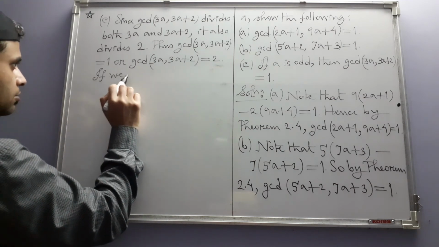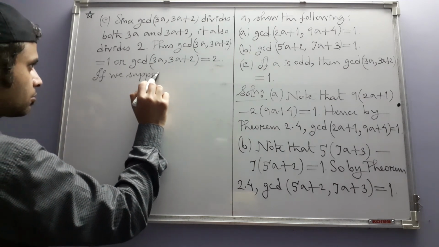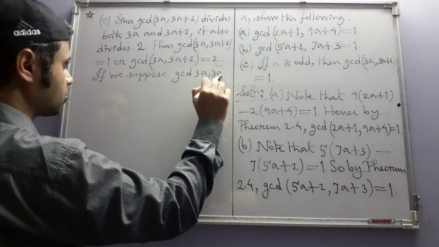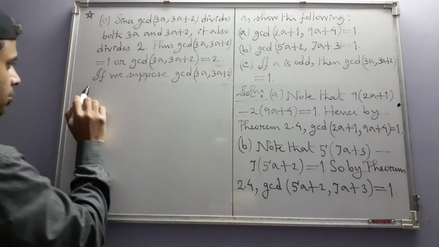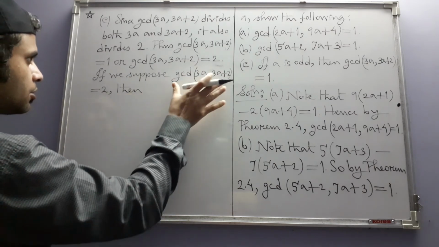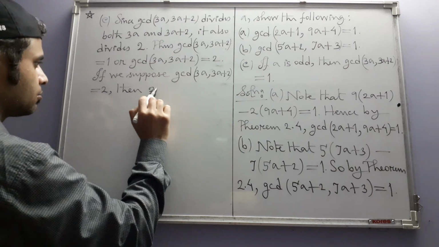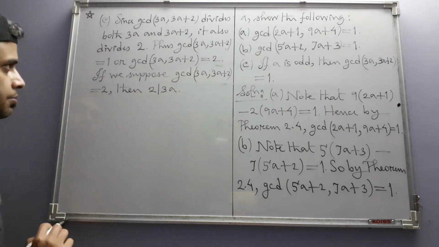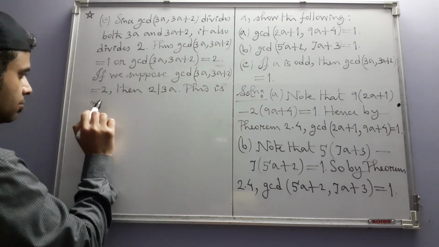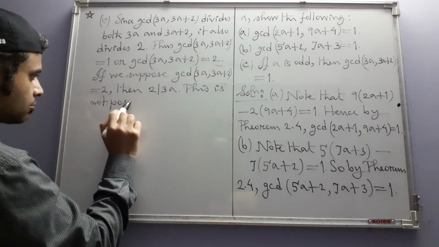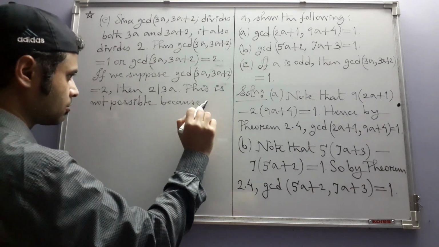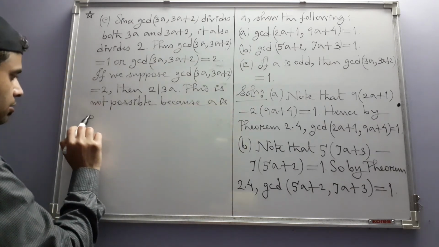If we suppose that this is equal to 2, then because this divides 3a, 2 divides 3a. This is not possible because a is odd.